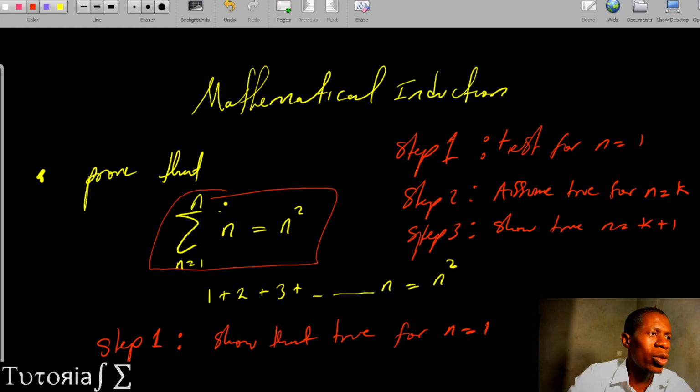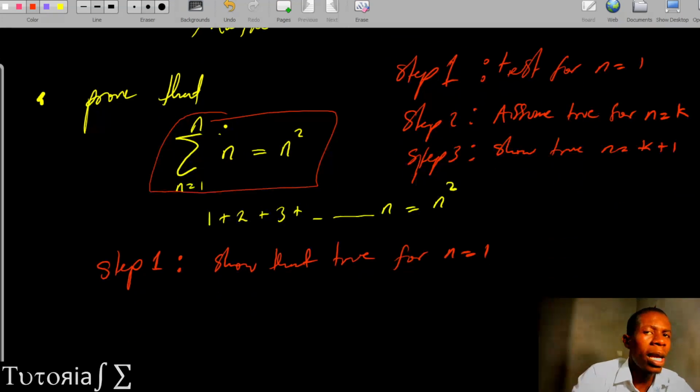Basically what we're going to do is, where there is n, we're putting 1. So first of all, we write what we have. What we have is the sum from n equals to 1 to n of n equals to n squared.